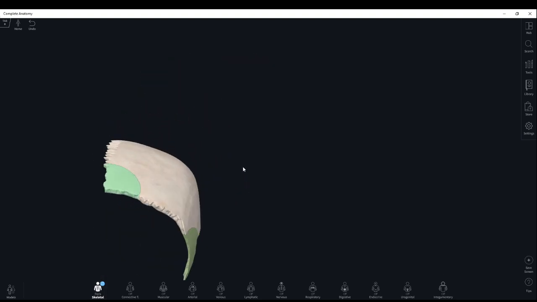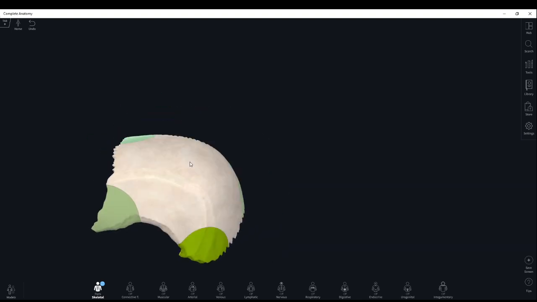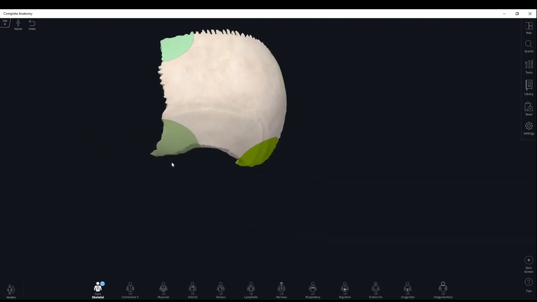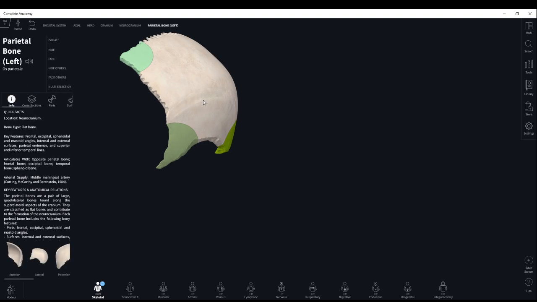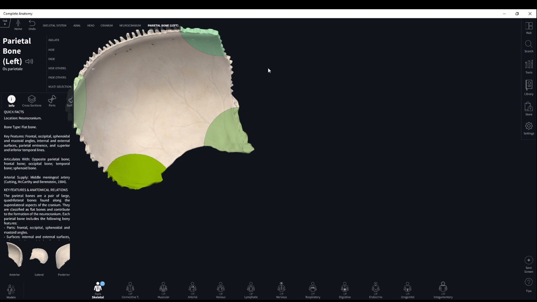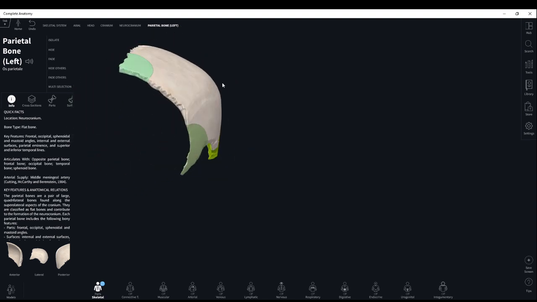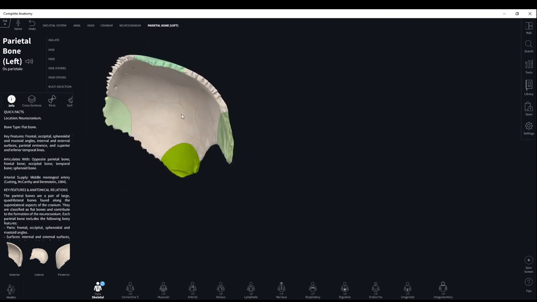Okay, the parietal bone is a flat bone of the skull, which has an external surface and an internal surface. External is convex, internal is concave.